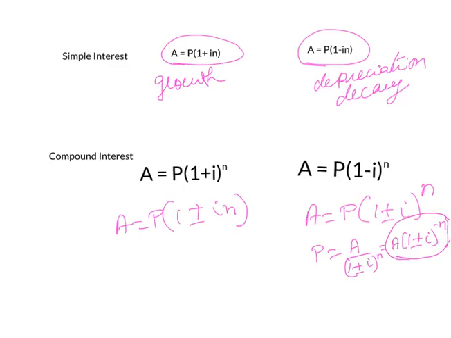When it is minus N, I am finding the principal, and if it is plus N, I am finding the amount. So I am no longer going to call A as P.